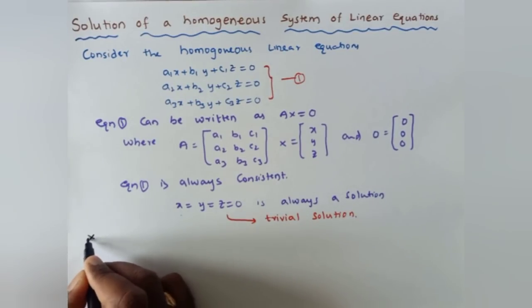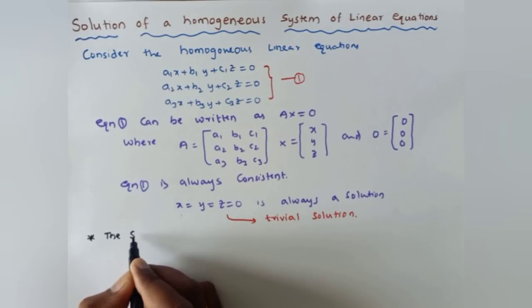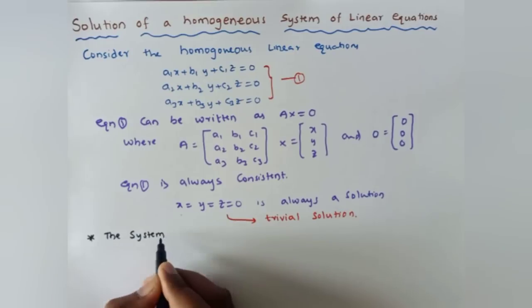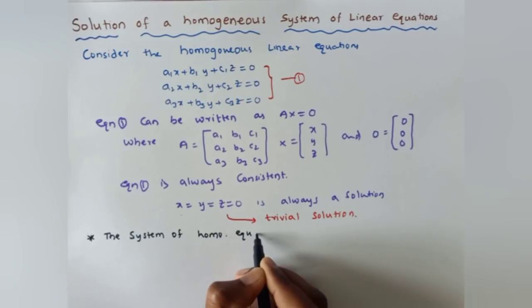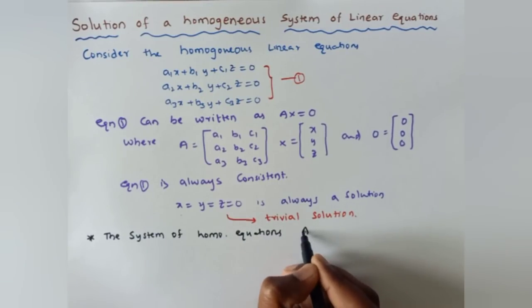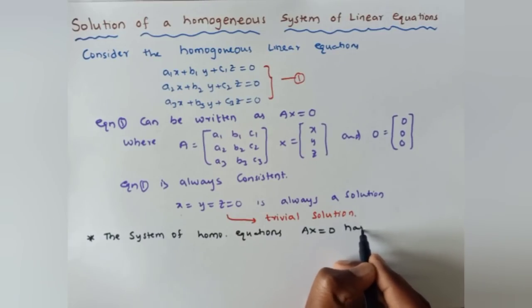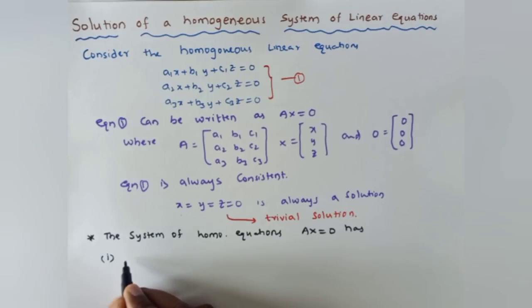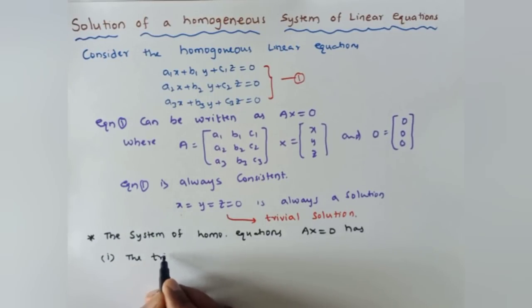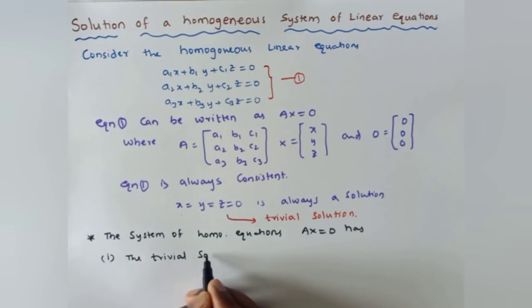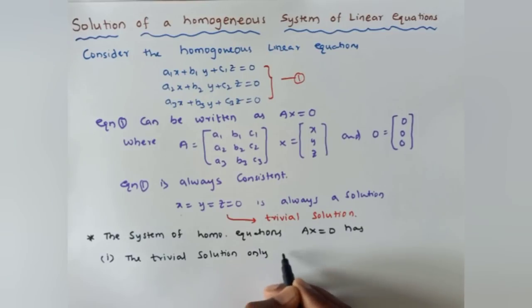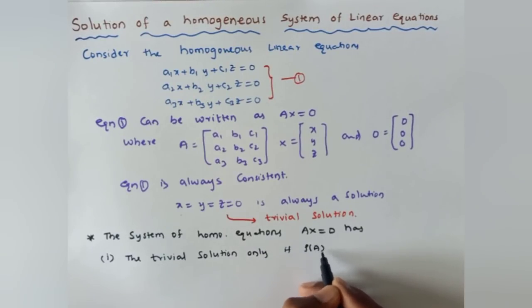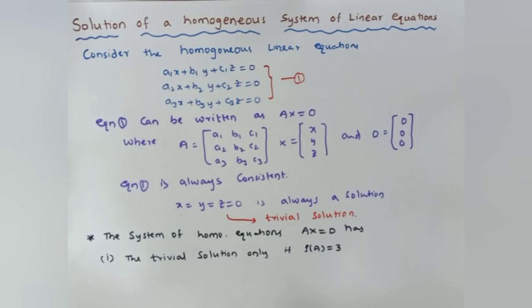The system of homogeneous equations Ax equals 0 has, number 1, the trivial solution only if the rank of A is equal to 3.